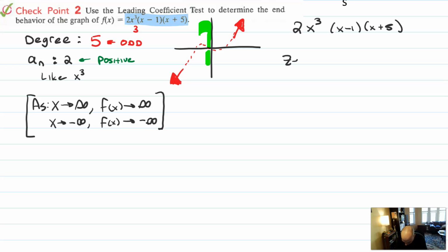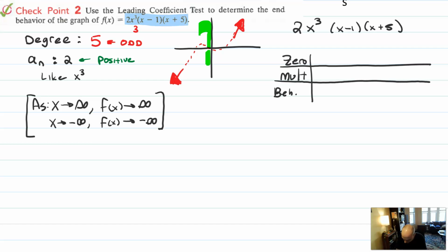So the zeros, if I make a little zero chart: zero, multiplicity, and behavior. I'll have a zero of -5, and that appears one time, so it has multiplicity 1.